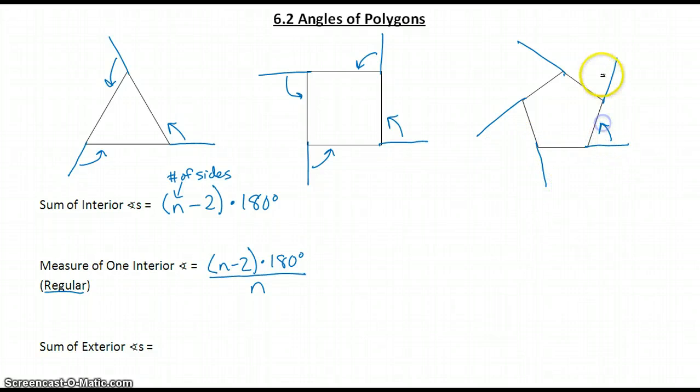If you look, no matter how many sides the polygon has, the sum of the exterior angles always goes all the way around the polygon. So it doesn't matter how many sides I have in the polygon, the sum of the exterior angles is always going to be 360 degrees.